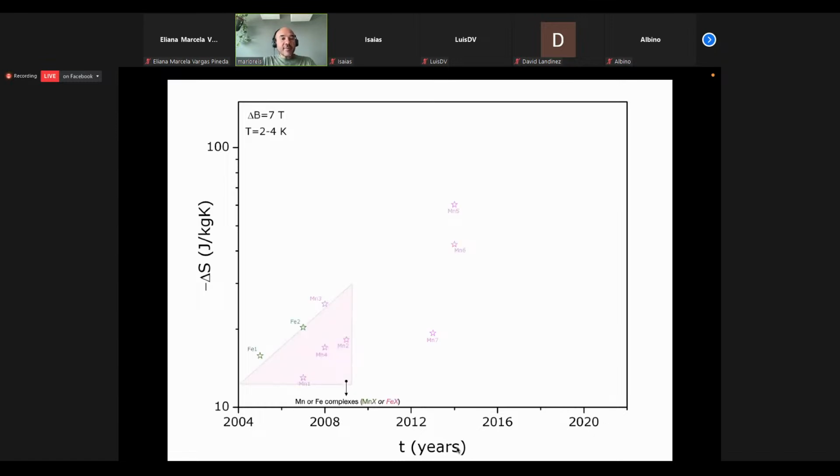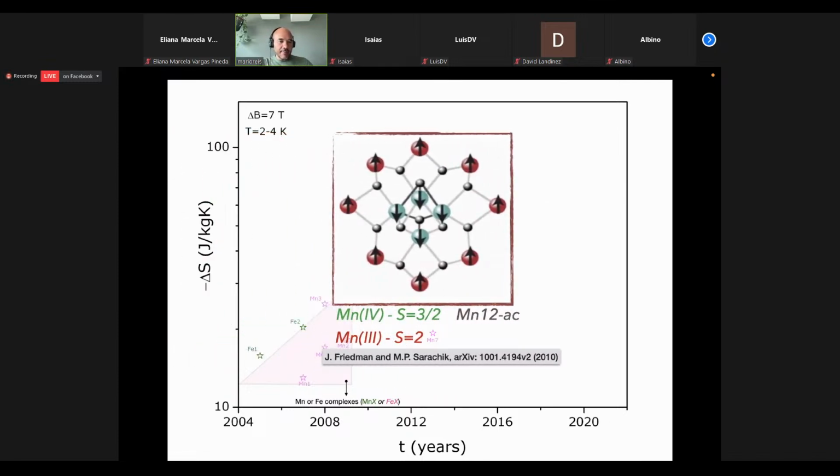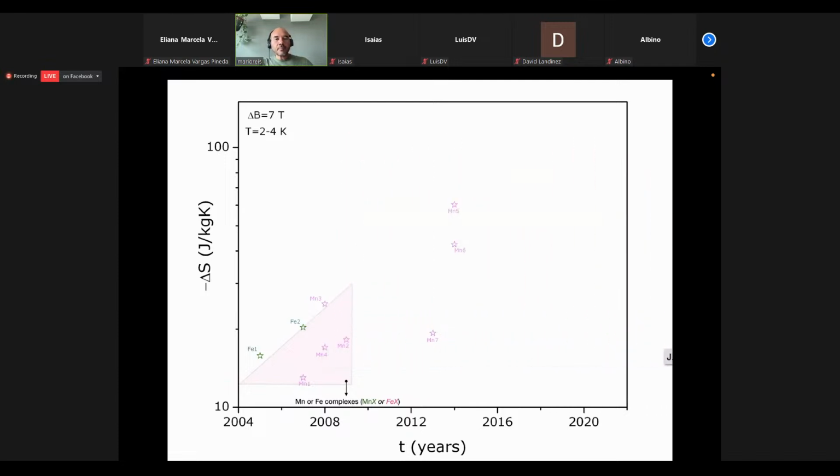Okay. Here, the first family is only materials with transition metals, and the average entropy change is around 20 joules per kilogram Kelvin. Okay, and the example is a single molecule magnet. And the year is around 25 to 28. Okay.